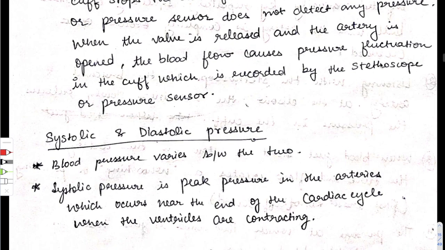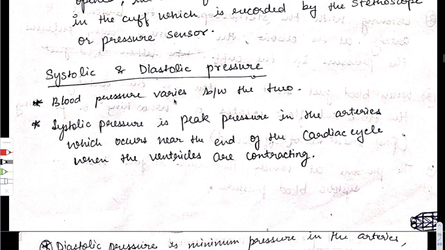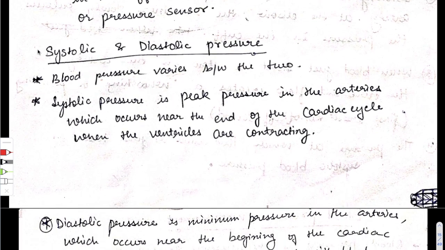Let us go into detail. The first pressure is the systolic pressure. Systolic pressure is the peak pressure in the arteries, which occurs near the end of the cardiac cycle, when the ventricles are contracting.